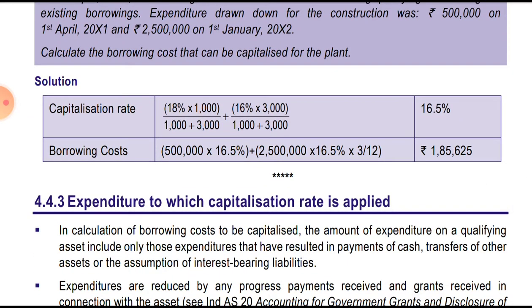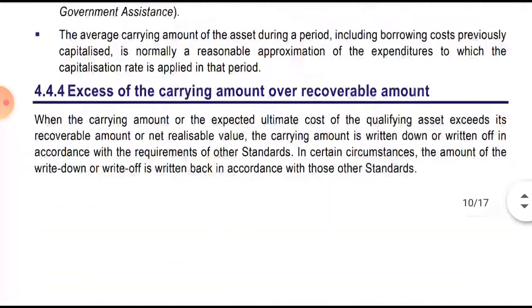That is 5 lakh rupees into 16.5% for the whole year because it was incurred on 1st April, and 25 lakh rupees into 16.5% into 3 by 12, it amounts to 1,03,125, and the 5 lakh rupees into 16.5% amounts to 82,500. So the total is 1,85,625. So we'll get the borrowing cost.